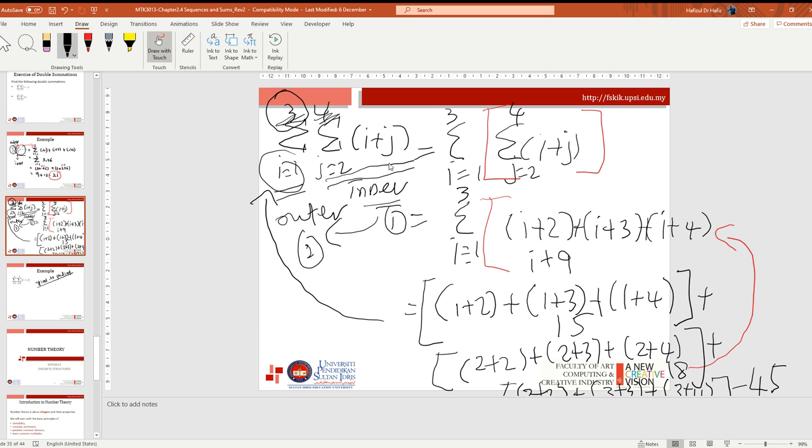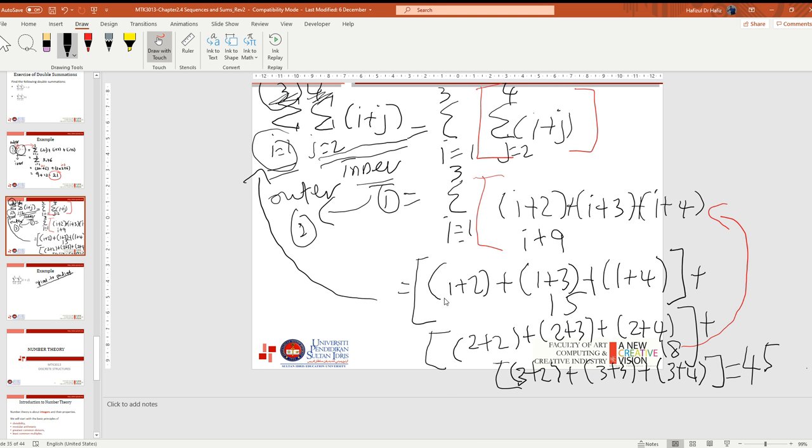We plus the j first, i plus 2, i plus 3, i plus 4, because j starts from 2. And then we got i plus 2, 4, 9i plus 9. Then for the outer loop, we got i plus 2 plus 3 plus 4, we got 15. And then 2 plus 2, 2 plus 3, 2 plus 4. Then 3 plus 2, 3 plus 3 and 3 plus 4, we got 45.